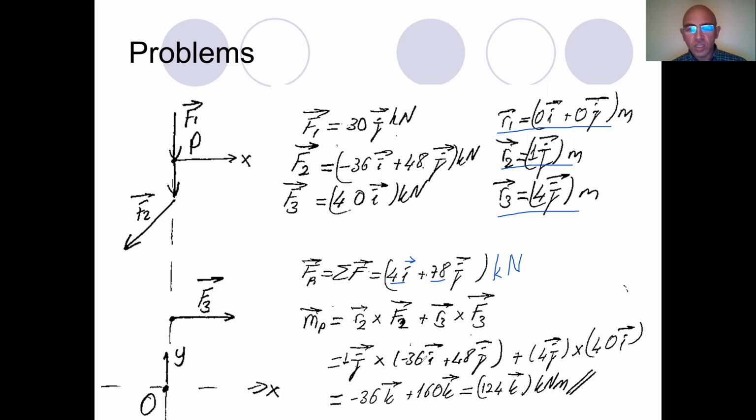Now it is 1j multiplied by minus 36i plus 48j. And then I have this operation, R3 vector product F3 is 4j vector product 40i.